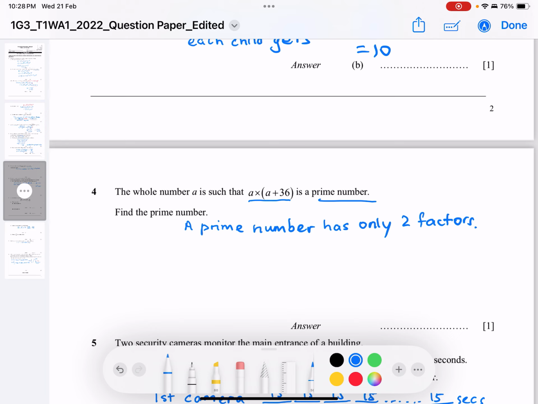Now a prime number has only 2 factors, therefore a must be 1. So that the prime number a times a plus 36 will become 1 times 37, which is 37. Right? So a times a plus 36 is the number 37.